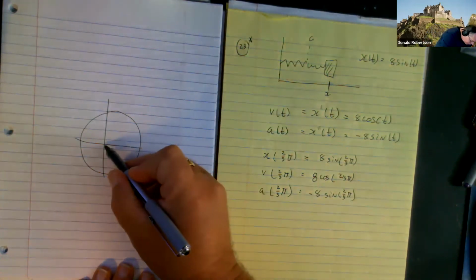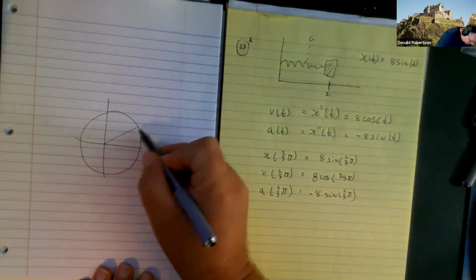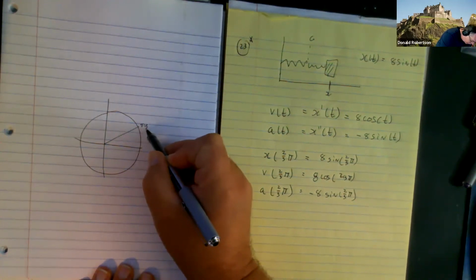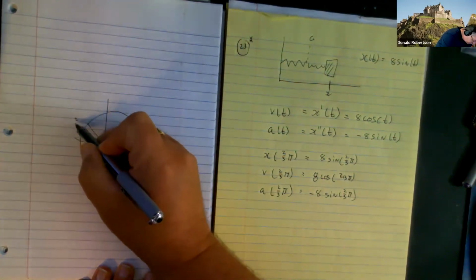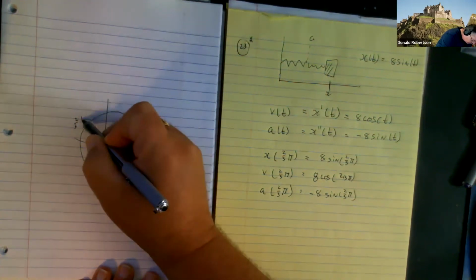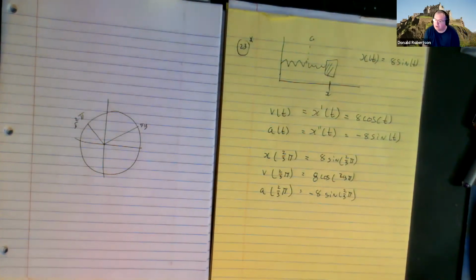Hopefully you'd remember that that's basically where 1/3 pi is, and that's where 2/3 pi is, and so on. So we need to find the exact value for that.